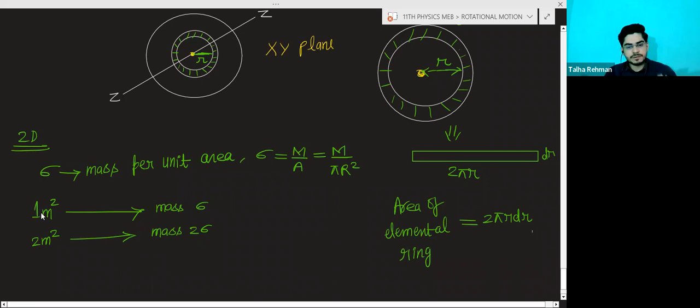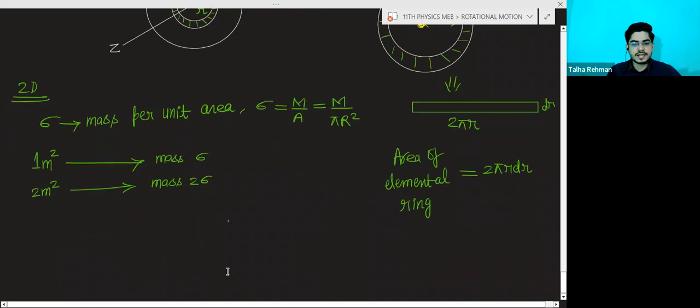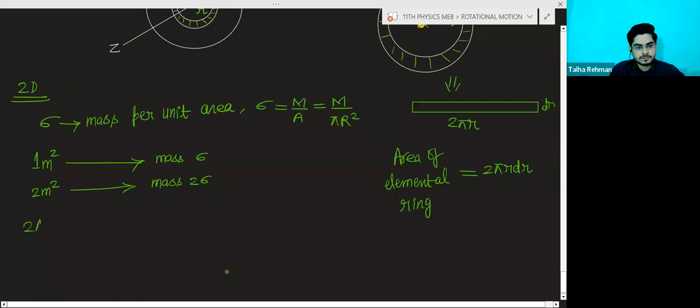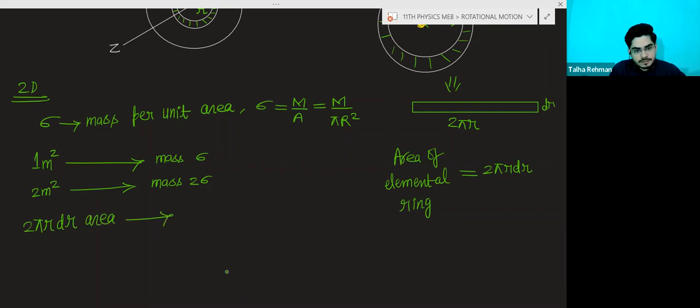If the area is 1 meter square, then the mass will be sigma. If the area is 2 meter square, then the mass will be 2 sigma. If the area is 2 pi r dr, then what will be the mass?